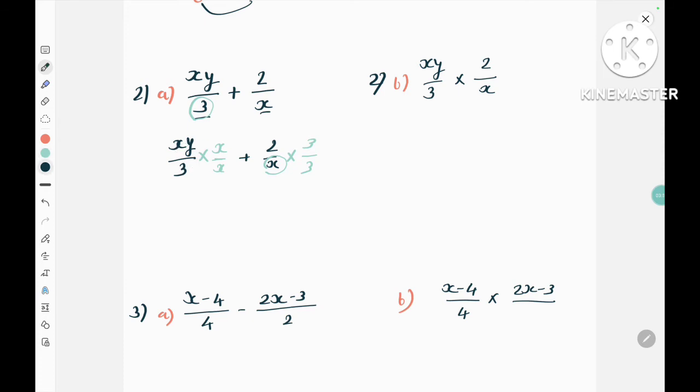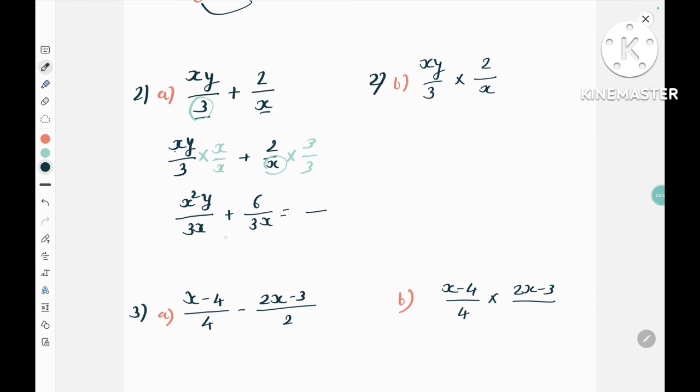Let's see what the answer is. xy times x is x squared y, over 3 times x is 3x, plus 2 times 3, which is 6, over x times 3, which is 3x. Remember, when we write any term with a coefficient and a variable, the coefficient number comes first and then the variable behind it, okay?